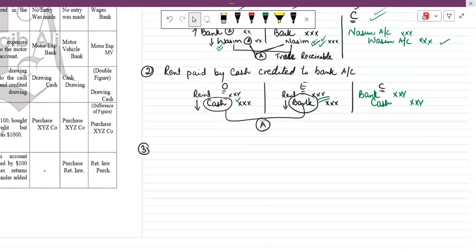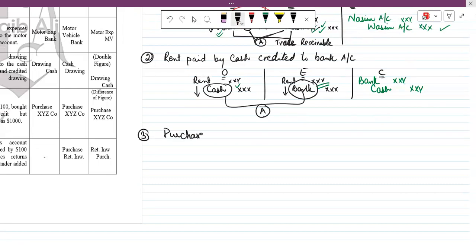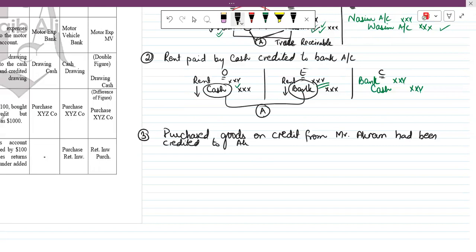The third example is that purchased goods on credit from Mr. Akram had been credited to Akmal's account.